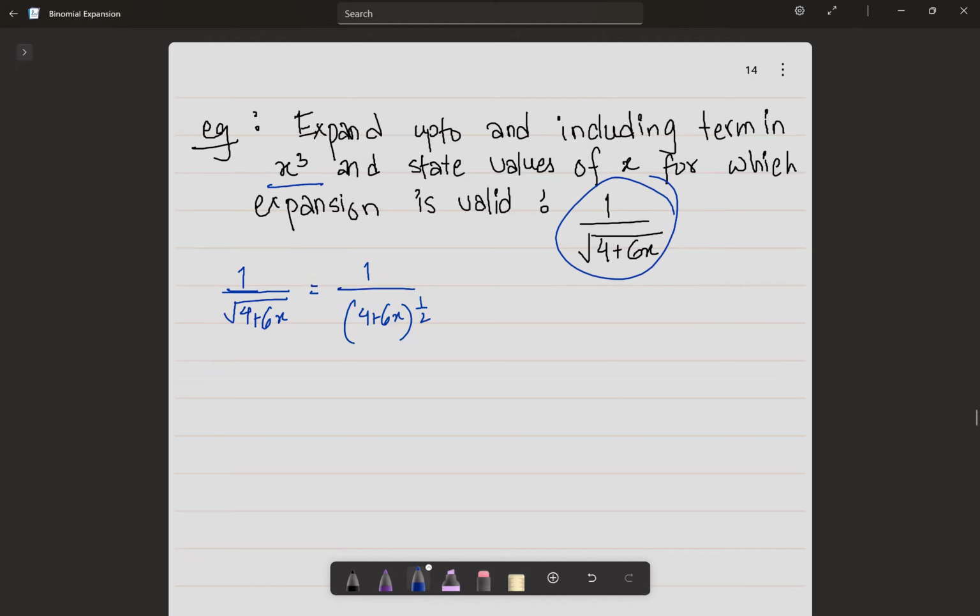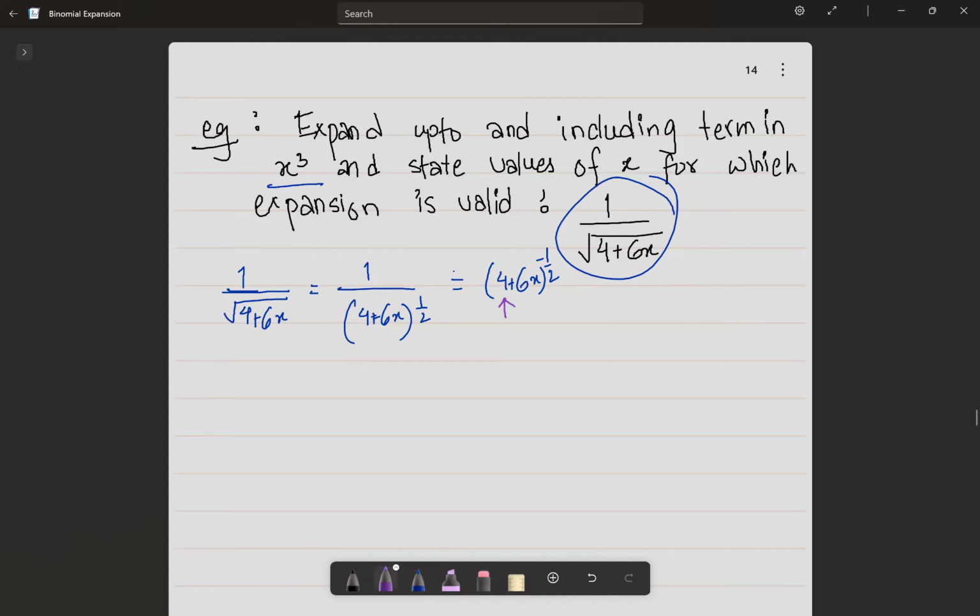And now when we take this in the numerator, we are going to get 4 plus 6x to the power of minus half. But we know that because we have a negative and a fractional power in here, we cannot have 4 in here. So we must have 1 instead of 4 in this place.